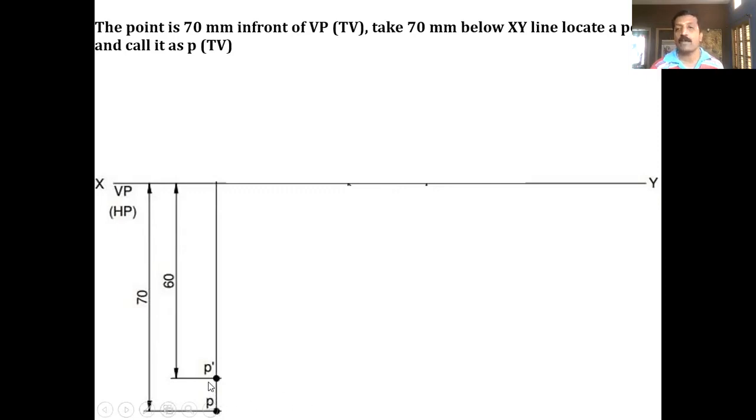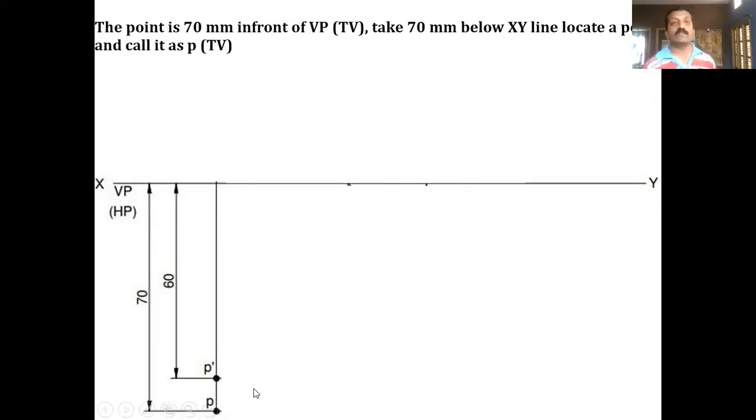P dash is already marked, so you draw a vertical projector from P dash and extend it downwards. Wherever it meets the 70 millimeter line, you locate one more point and call that P. So this itself is your top view. Now both the front view and top view are completed. Now I should go for the side view.